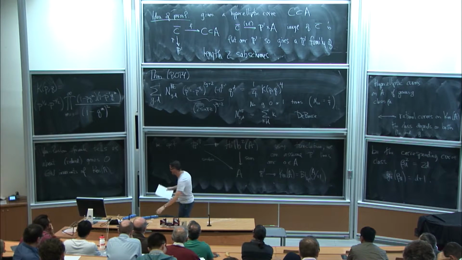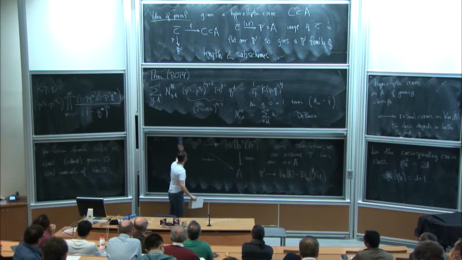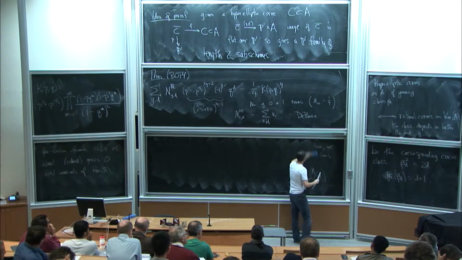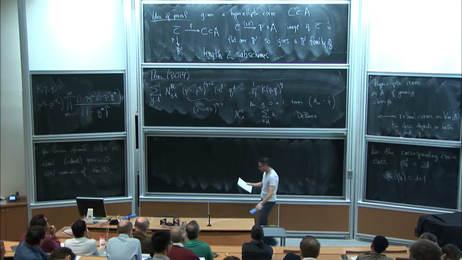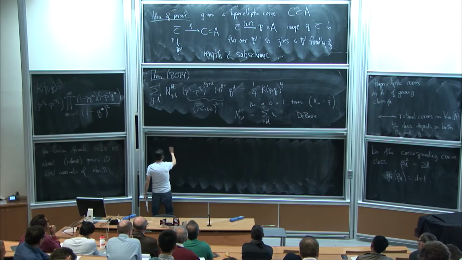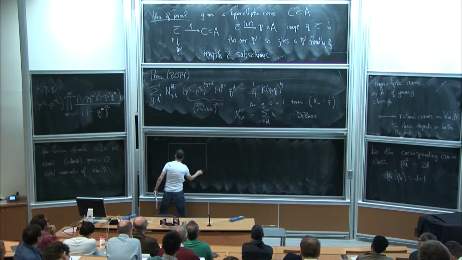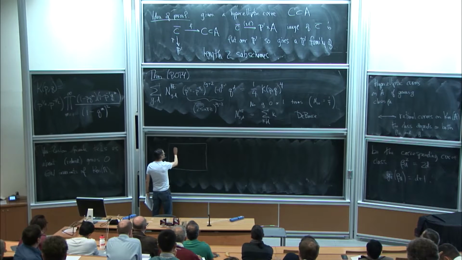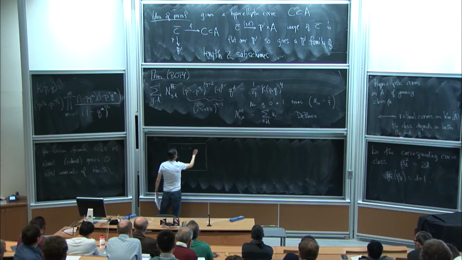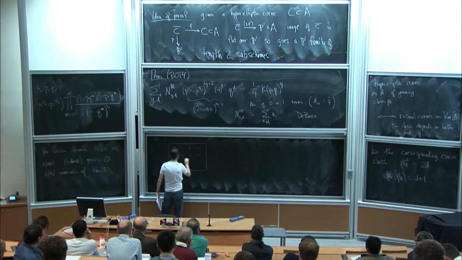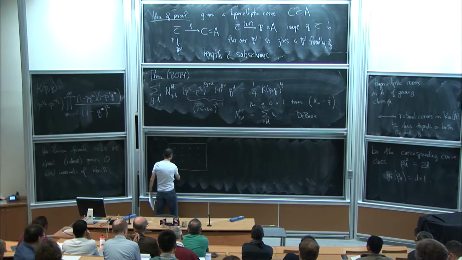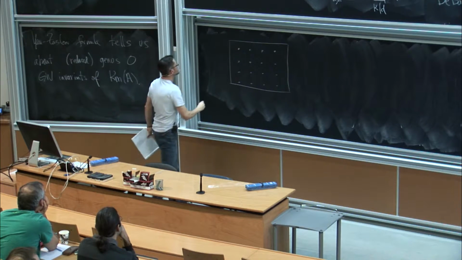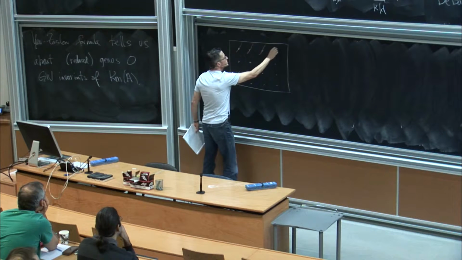So what's the picture? The picture is something like this. So if I take my abelian surface and I quotient it by plus or minus 1, I get 16 rational double points. And when I blow it up, there are these 16 exceptional curves.